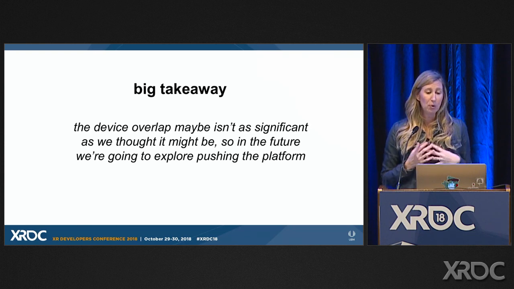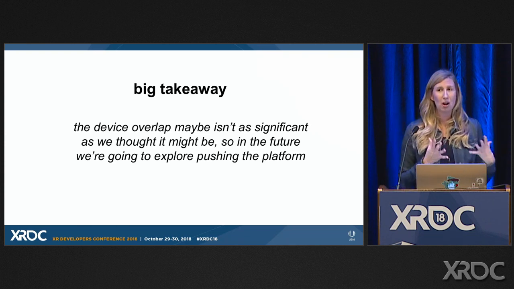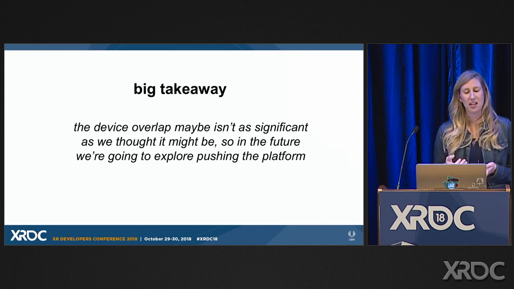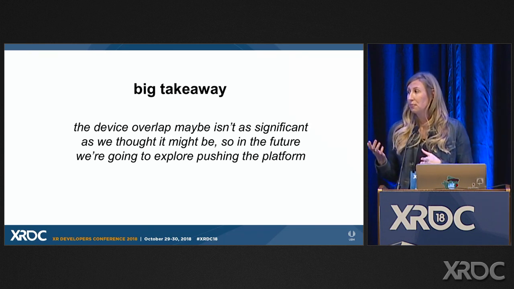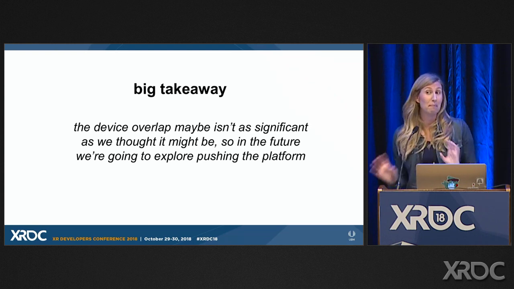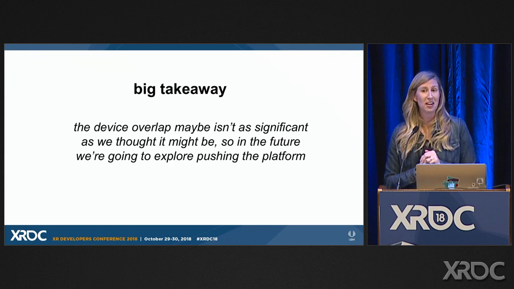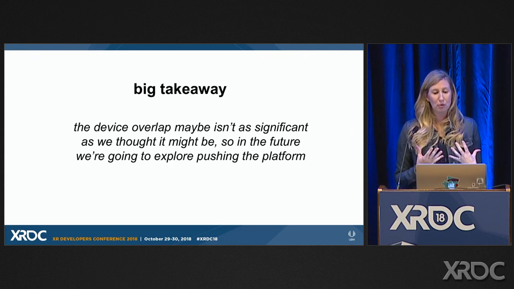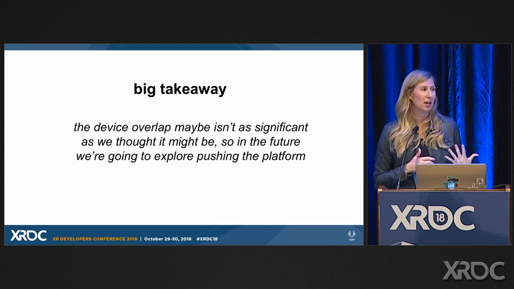So we've gotten a lot more data about who is using our app and how they're using it. One thing we've seen is that if you are a HoloLens user, you're predominantly using it in HoloLens. And if you're a VR user, you're predominantly using it in VR. And the overlap, the people who are using it in both, isn't as significant as we thought it was going to be. So moving forward, we want to start pushing the platform.